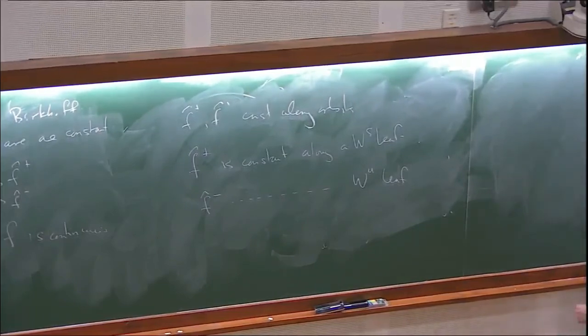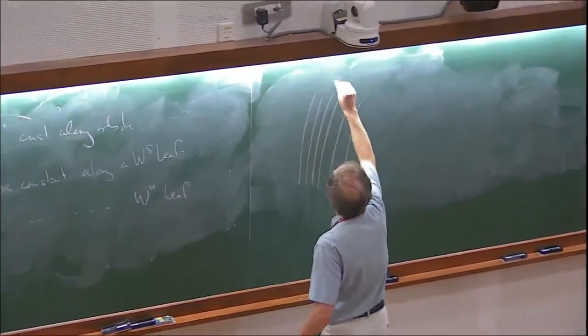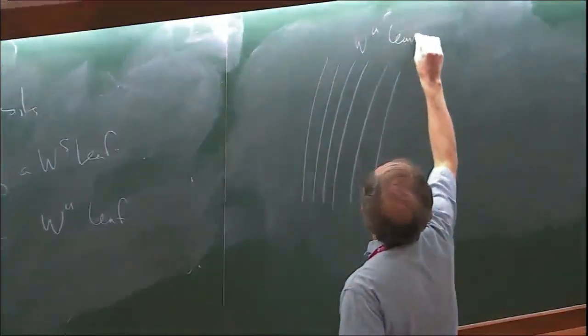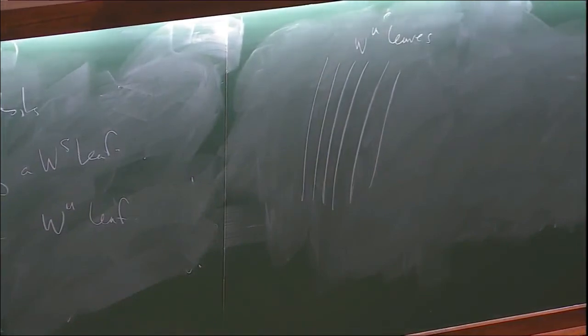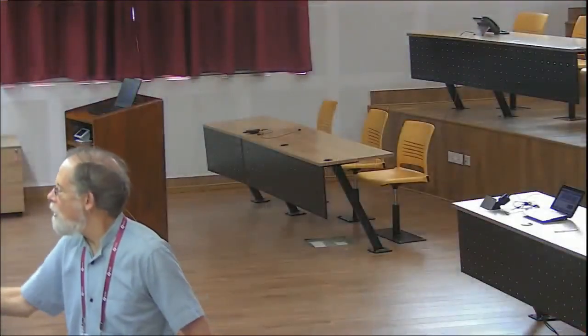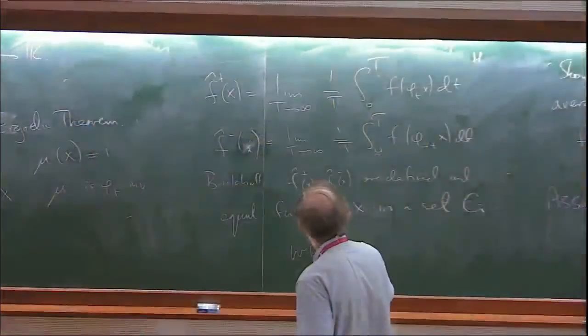Let me draw a foliation by WU leaves. And let's introduce a set G, for all x in a set G with full measure.